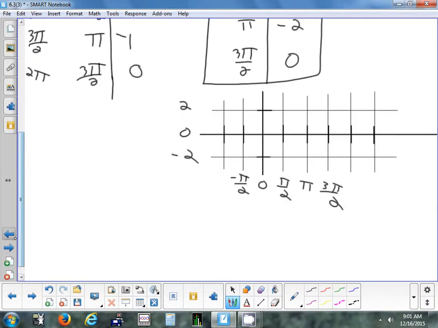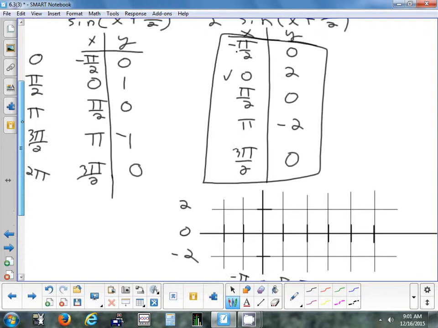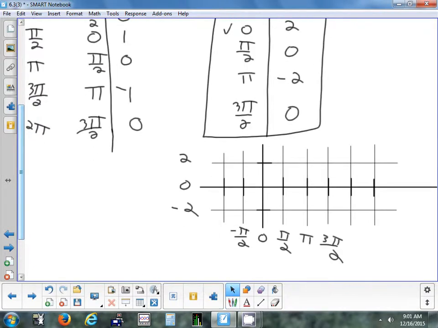Okay? If 0 was not a point on my graph and I skipped to the next one, then I would have to skip every time. So, but if you use 0, don't worry about skipping. All right, so now we get negative pi over 2. We're at 0. And you'll know when you draw your points. If you do all your points and one of them looks really squished, this point looks too close, we know we did something wrong.